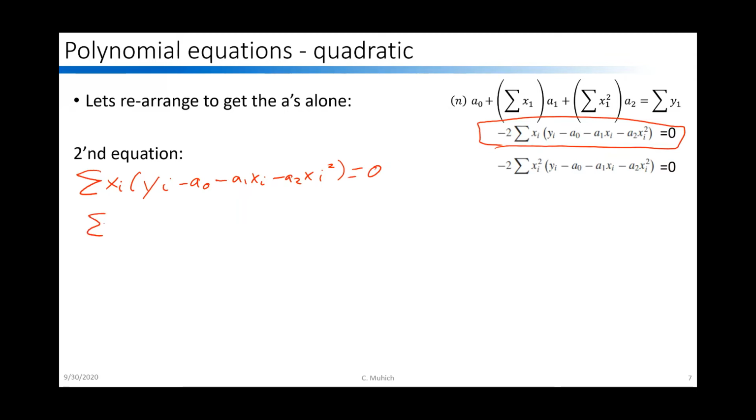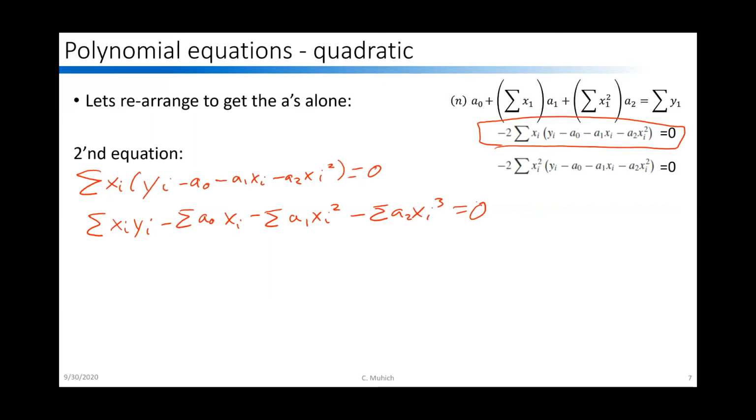So we have the sum of xi yi minus the sum of A0 xi minus the sum of A1 xi squared minus the sum of A2 xi cubed. All I've done is distribute this xi through and separate each summation.